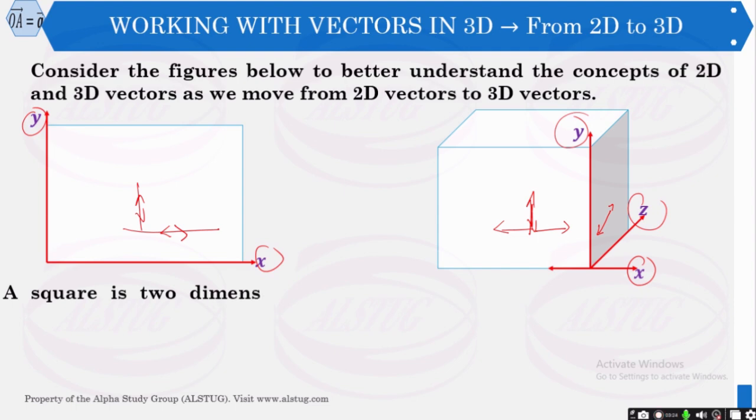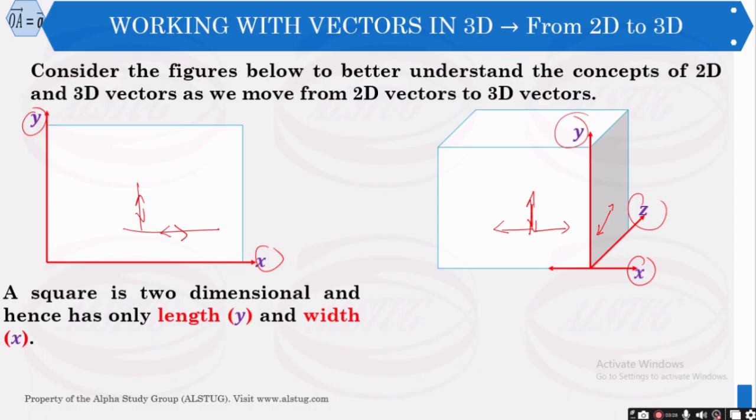So a square is 2-dimensional and hence has only length and width. So you have OA equals xi plus yj, as we saw in part 1.